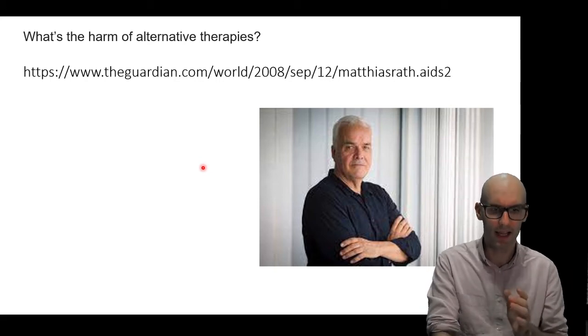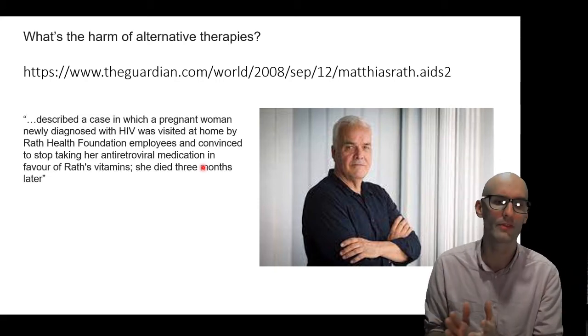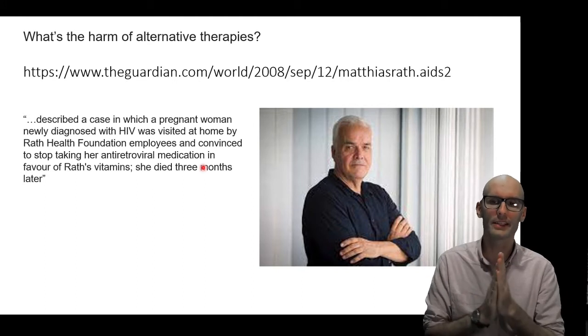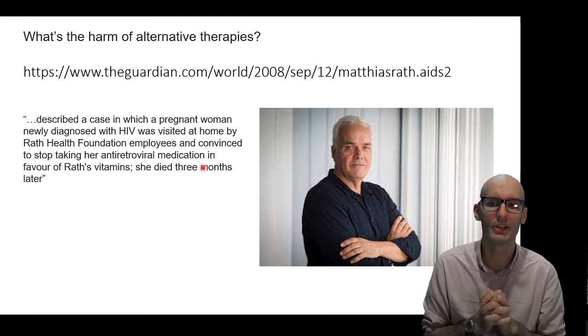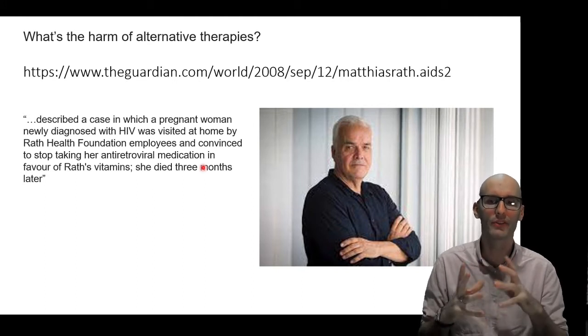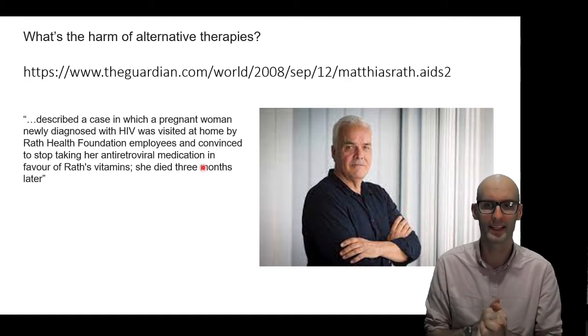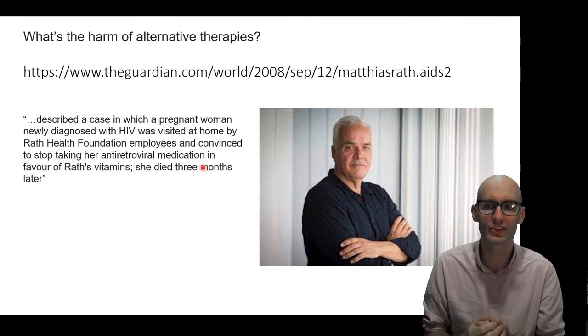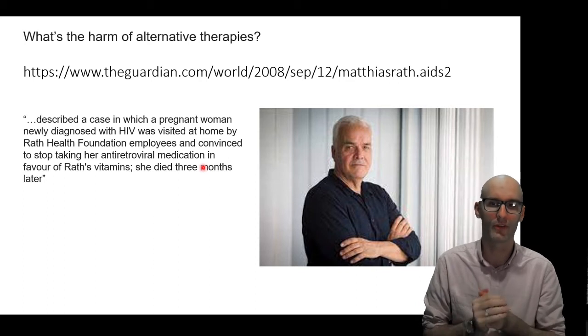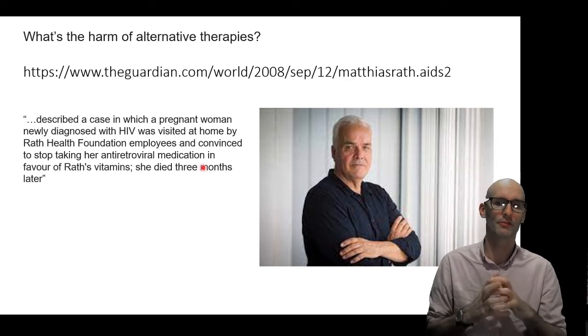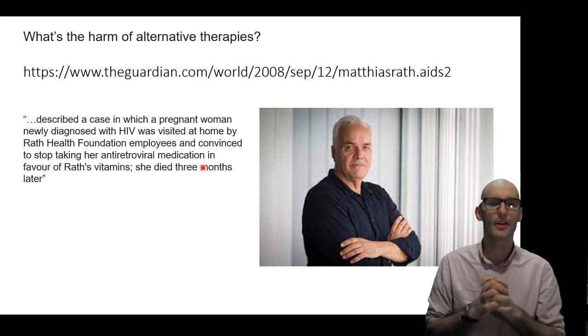And I'll just give you one little quote from the article. So they describe a case in which a pregnant woman newly diagnosed with HIV was visited at home by Rath Health Foundation employees and convinced to stop taking her antiretroviral medication in favor of Rath's vitamins. She died 3 months later.